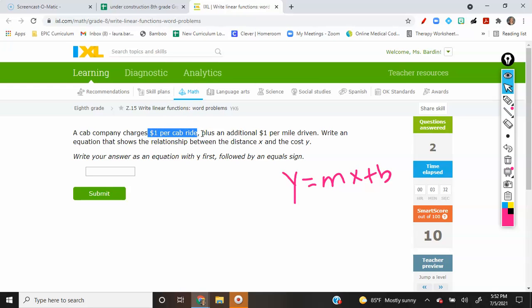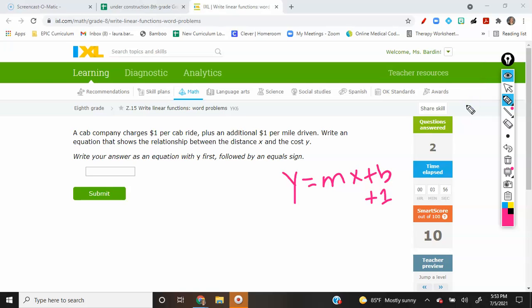How much is it going to cost you to get in that cab ride and go nowhere? $1. So it's going to be a base pay of $1. No matter what, when you first get into that cab, it's going to be $1. It says plus an additional $1 per mile.